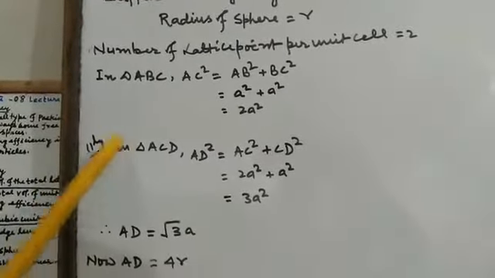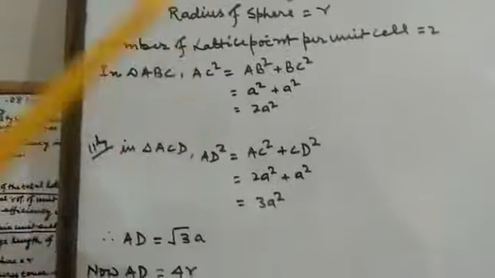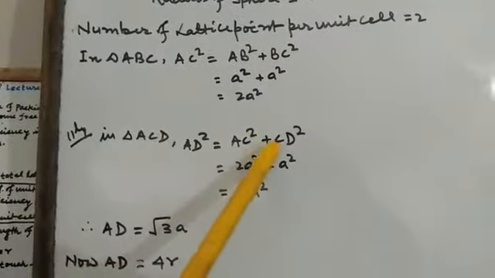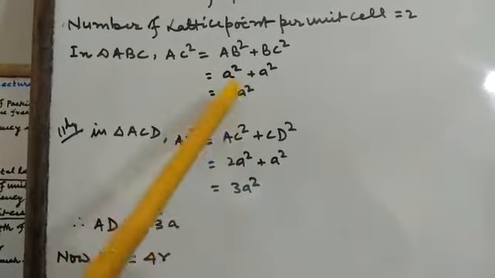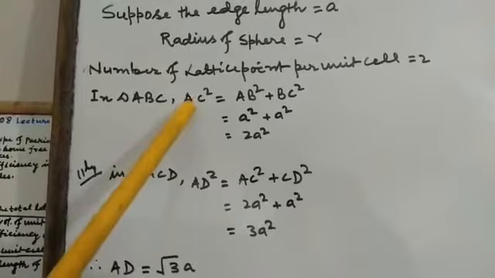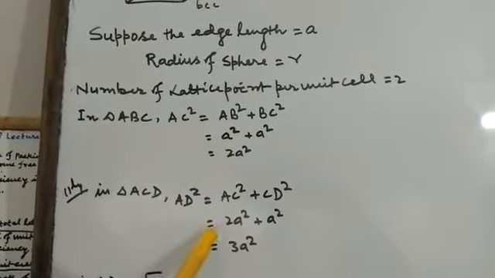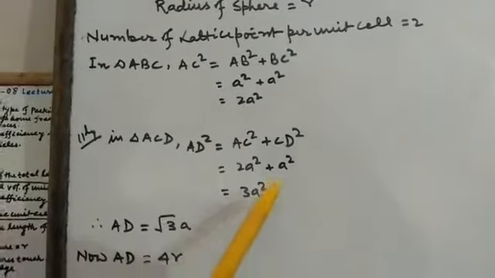Similarly, in triangle ACD, AD square is equal to AC square plus CD square. Here we already know that AC square equals 2A square. So putting this value, it is equal to 2A square plus A square, equal to 3A square.